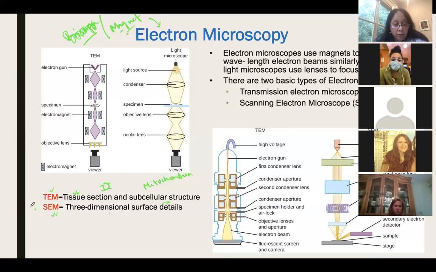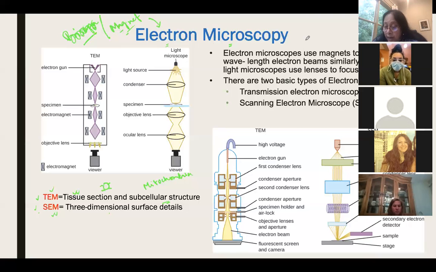No, no. Remember that TEM and SEM are electron microscopes. We are going to use electrons, which means we cannot use living organisms. Electrons will kill the organism anyway, okay? So electron microscopy we can only use for non-living material.